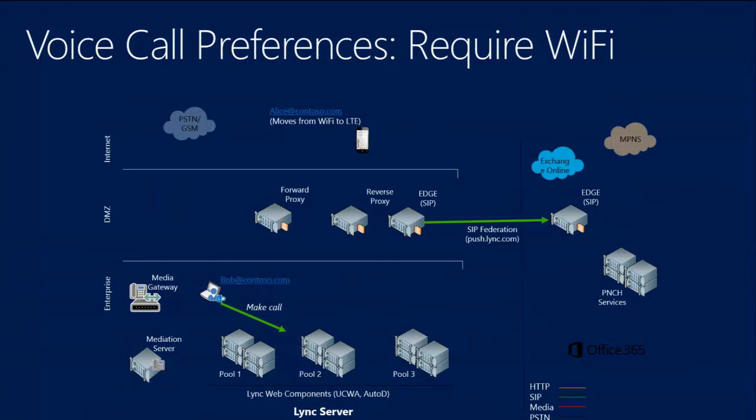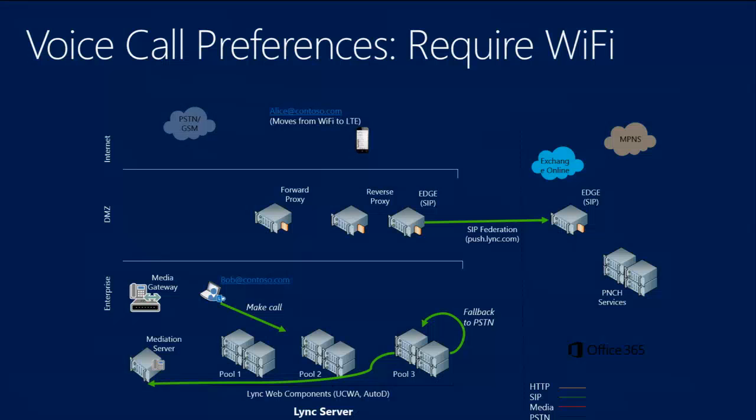Bob makes the call again. In this scenario, you can imagine that we've turned Wi-Fi off, so the pool knows that Alice can't accept the call over Wi-Fi. So we're going to fall back to the PSTN in that scenario.